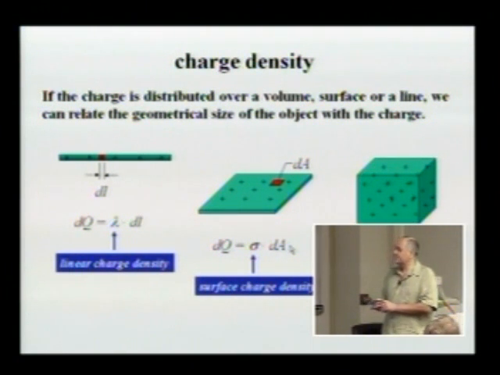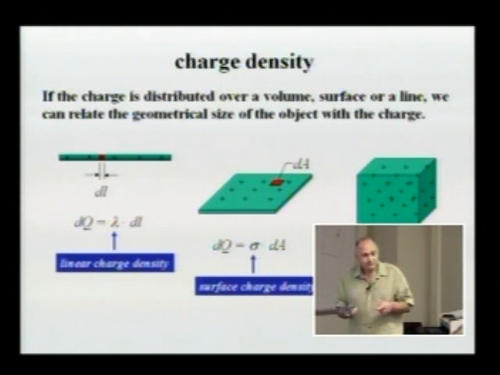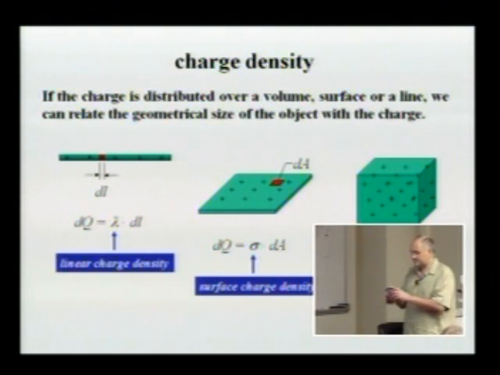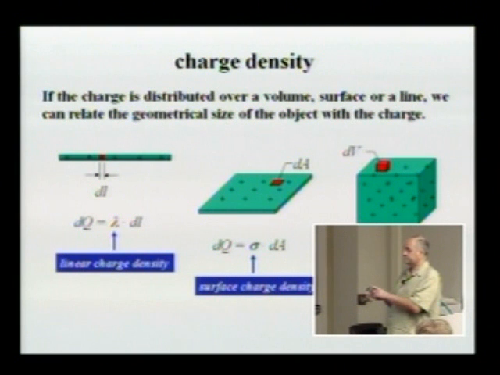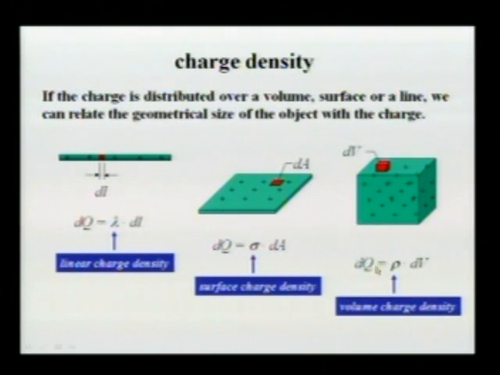And the one which resembles mass density is referred to as volume charge density, and volume charge density relates the differential volume of the object with the charge of the object.